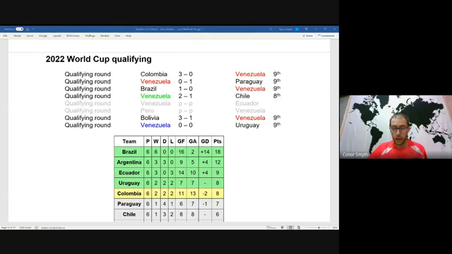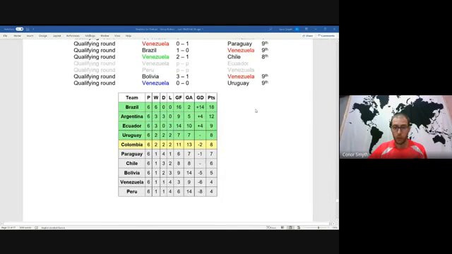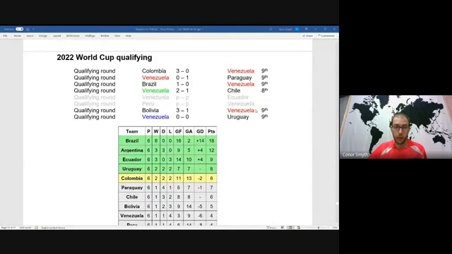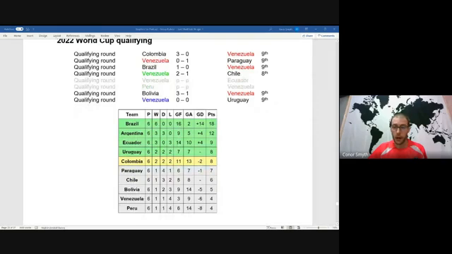They currently sit tied for last place in the standings with a record of 1 win, 1 draw, and 4 losses, the same record as Peru. They do have a slightly better goal difference, but it's a bit of a hole that they have for themselves and will need to dig themselves out of, if they're able to dig themselves out very far at all.